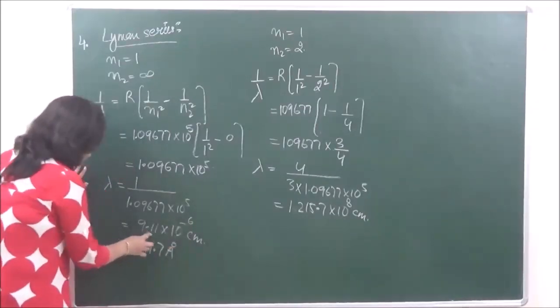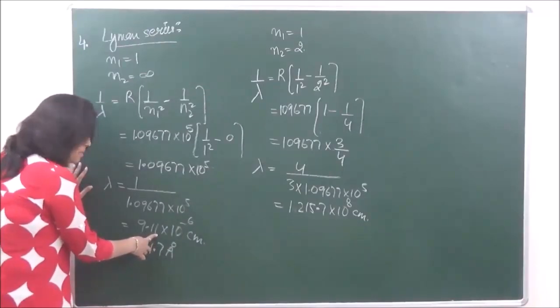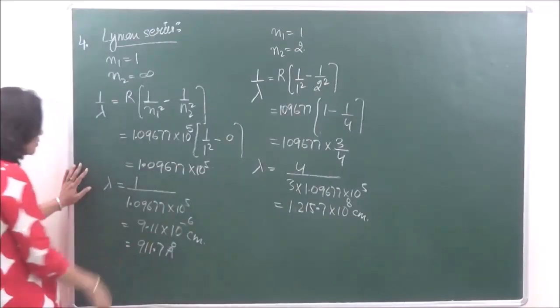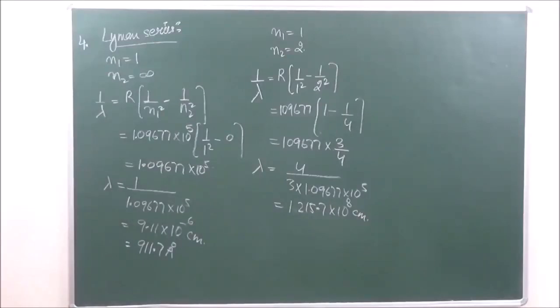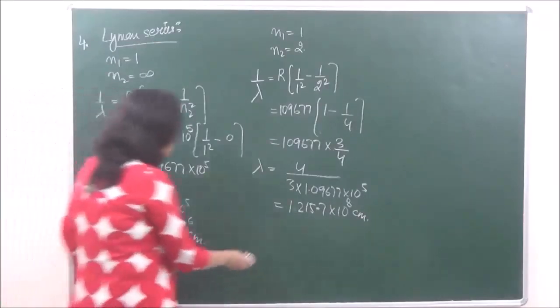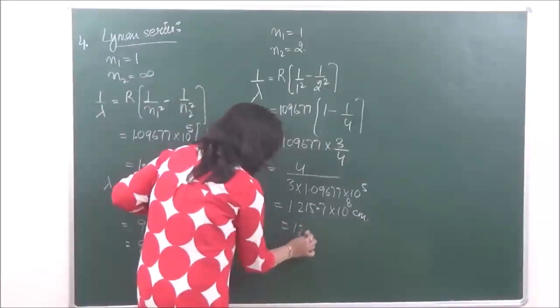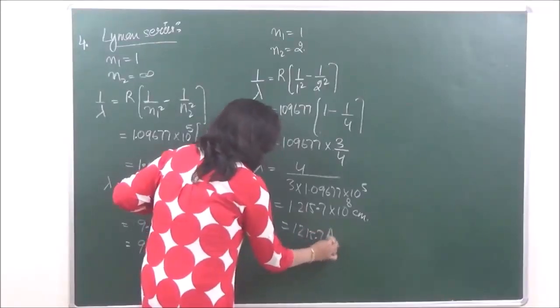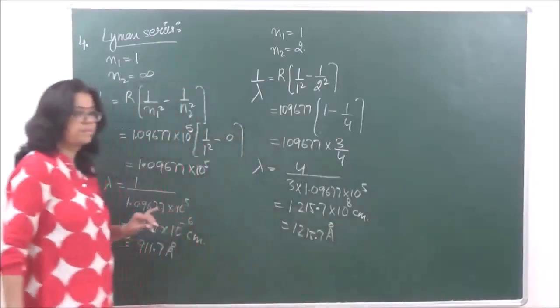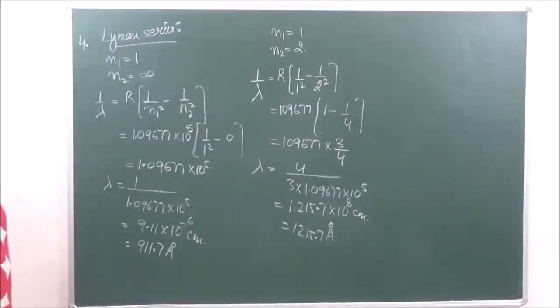This is minus 6, so you displace the decimal from here by 2 places. It will come as 911.7 Angstrom, and this will become equal to 1215.7 Angstrom. Okay? So let's go on to the next question now.